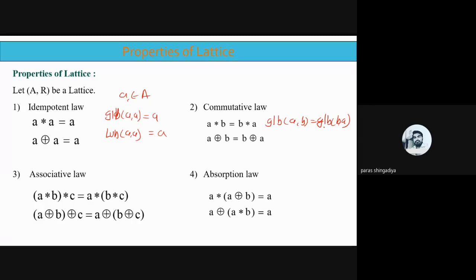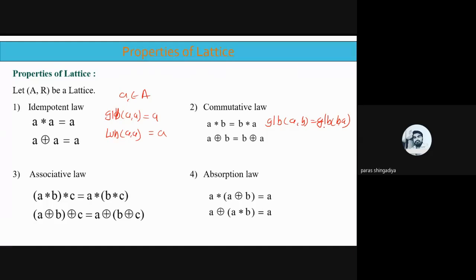LHS equal to RHS, left hand side is equal to right hand side. If both answers are equal, then we can say that this is equal. The same holds for ring sum: A ring sum B ring sum C is equal to A ring sum bracket B ring sum C. First solve the bracket, then use the answer with the outer element, and check both sides. If they are equal, then it is true.